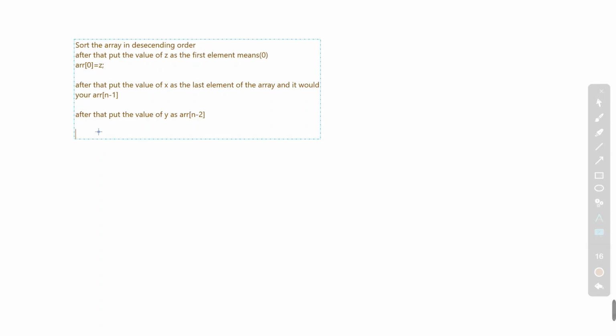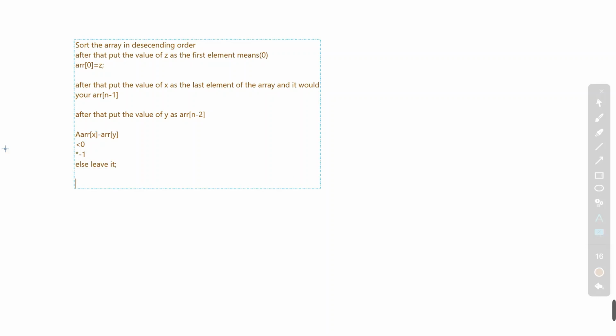So you can also do this, and after that you just go on. You compute array x minus array y. If it is less than 0, then you multiply it by minus 1, else leave it.